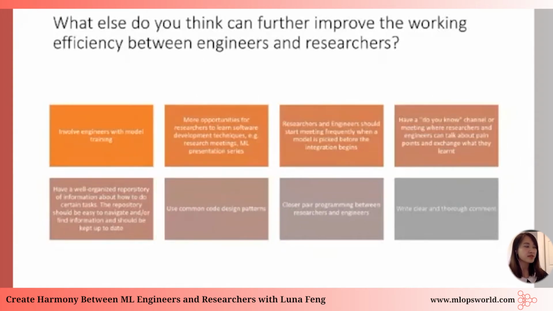And also researchers and engineers should start meeting frequently when a model is picked, even before the integration begins. Researchers do a lot of experiments, they try different features, different models, and before they send the model to the engineer for deployment, we'd like to have engineers start to interact with researchers.